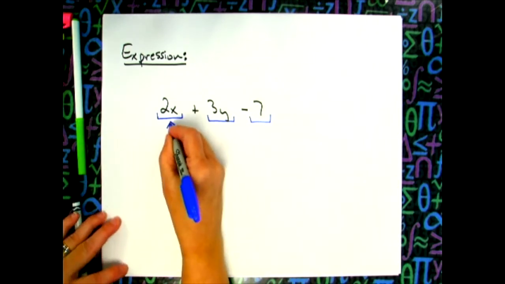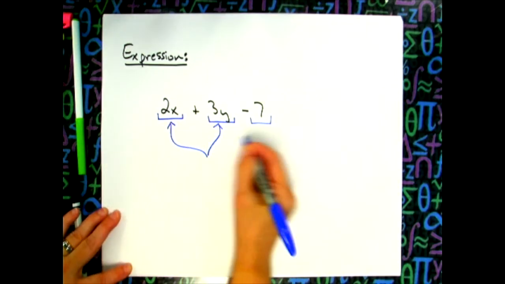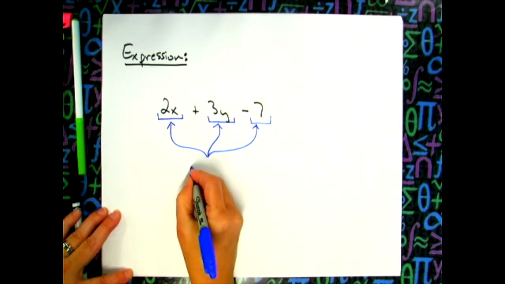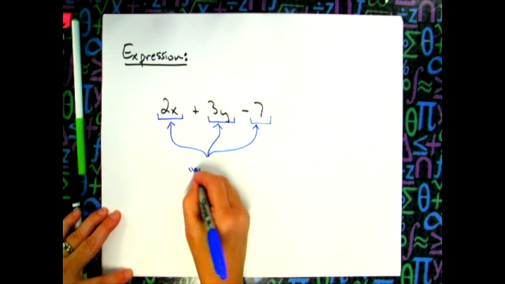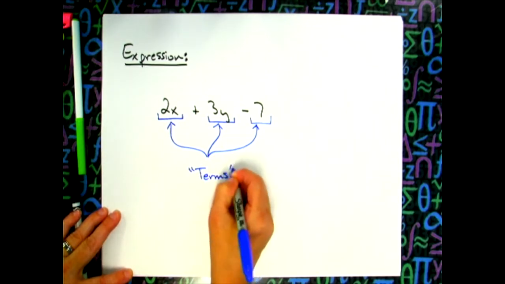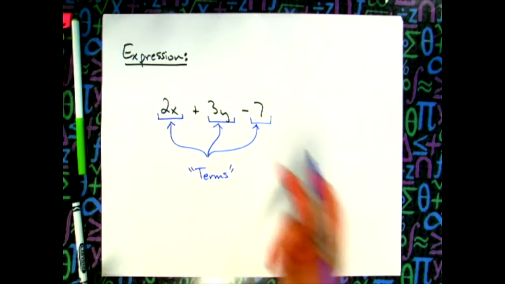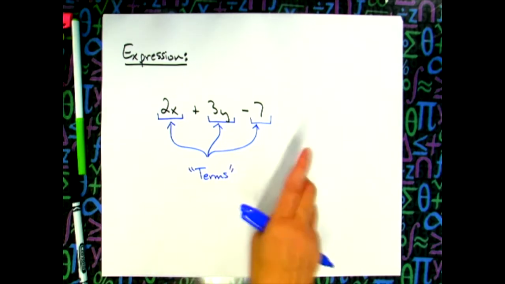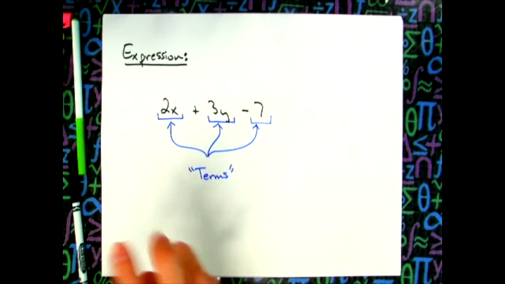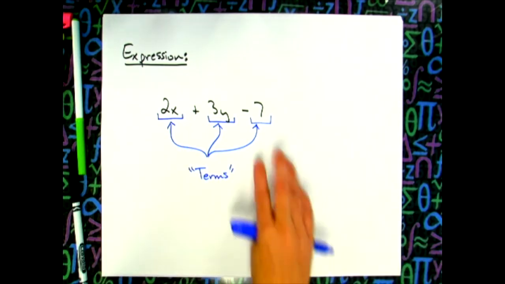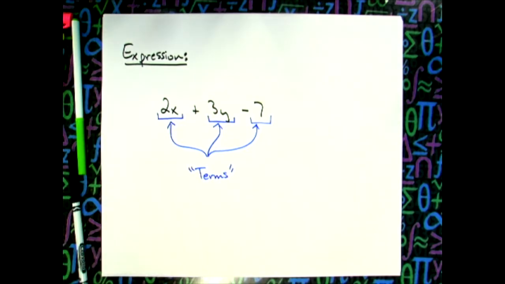So that right there tells me that I have 3 terms specifically. I'm just going to write the word terms down there because that's my vocabulary word. All right, but there are 3 of them. They are separated by plus or minus signs. So that's how I can tell how many terms I have, is because they are separated by those pluses and minus signs. So I have 3 terms in this algebraic expression.